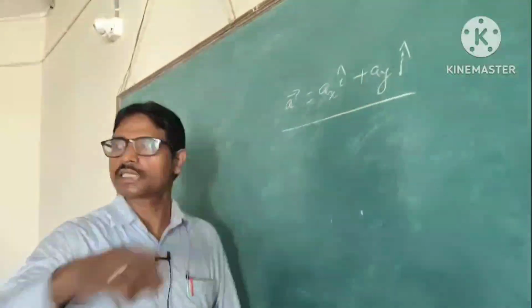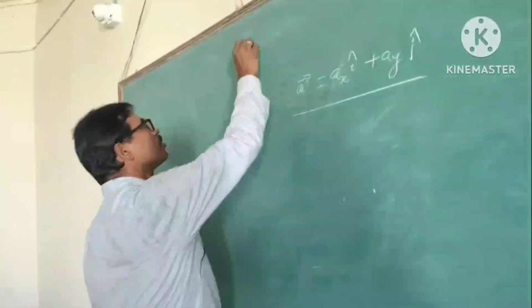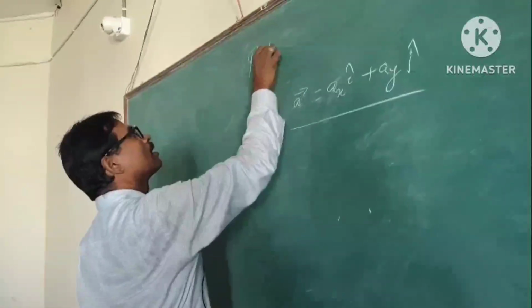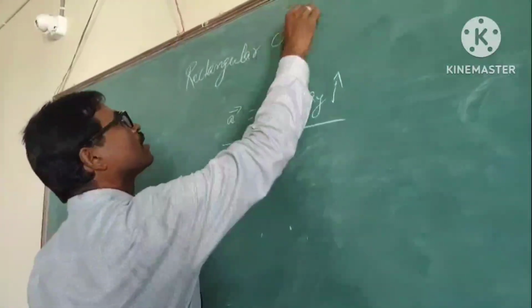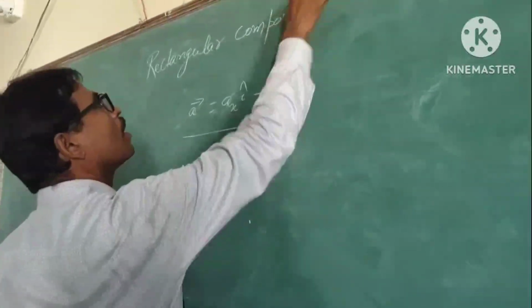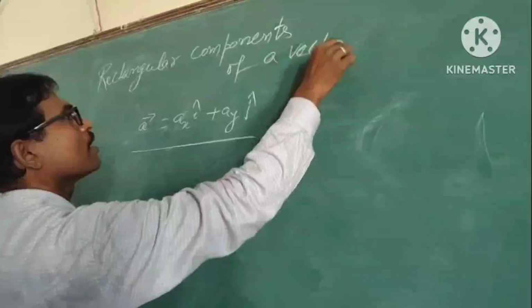This is known as the rectangular components of a vector. Let us see.